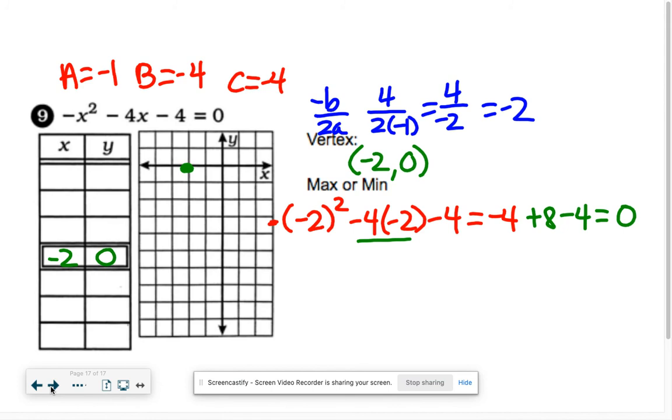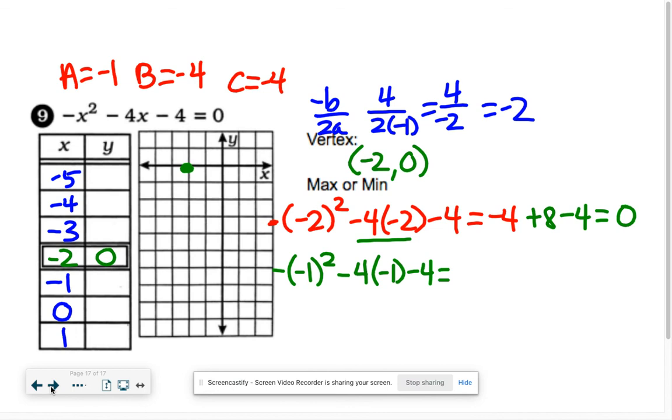Okay, so now we can pick some other points. Let's do -1, 0, 1, -3, -4, -5. Okay, I like using the smaller number, so I'm going to use that -1. So let's plug in. So we're going to have minus (-1) squared minus 4 times -1 minus 4.